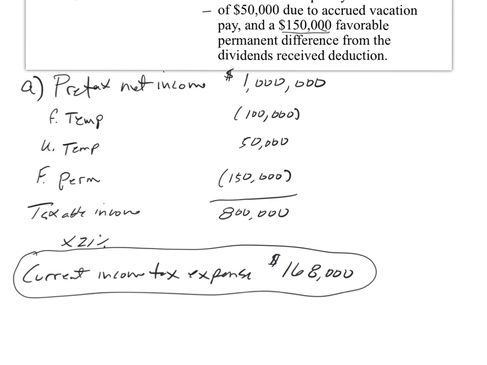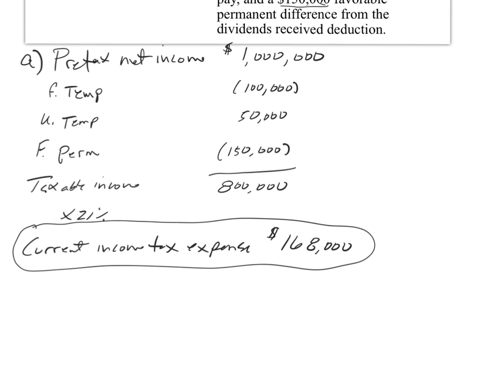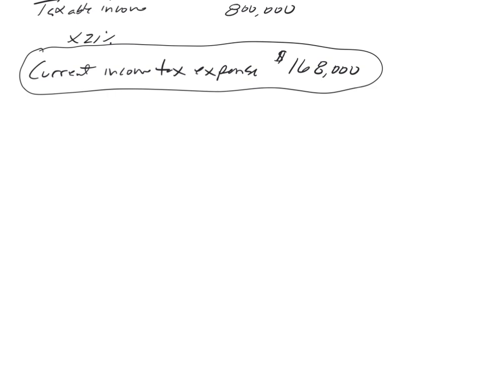All right, so part B then asks us to calculate our deferred income tax expense or benefit. So I'm going to scroll up here and do part B. We need to find our deferred tax expense or benefit. So what do we know about this? Well, we know we're only looking at temporary differences.